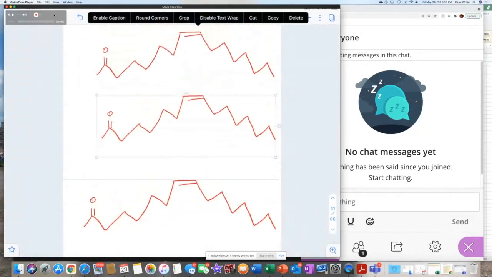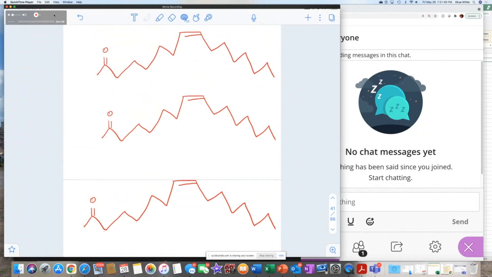Okay, so here we have our CH2, O, CH2, O, CH2, O. Then connect these, and there we have our cis fatty acids, our triacyl glycerol, where the fatty acids are cis, okay?